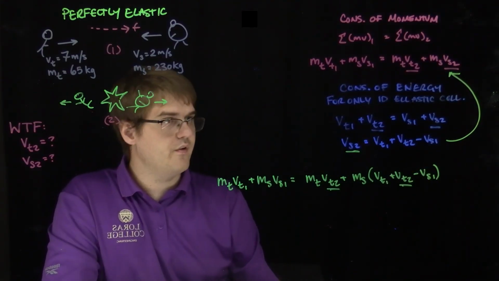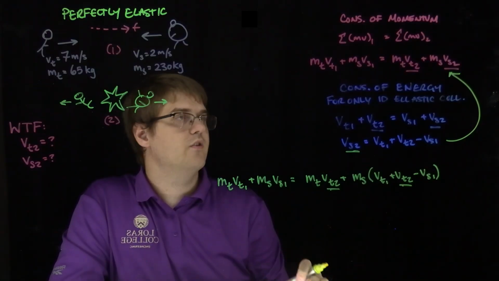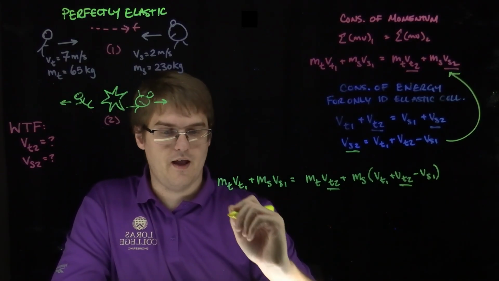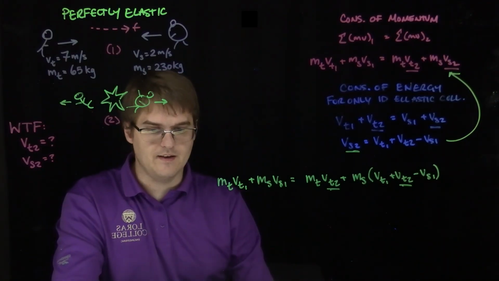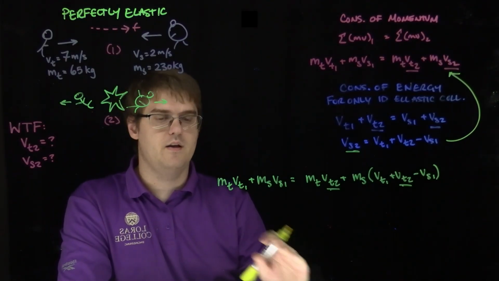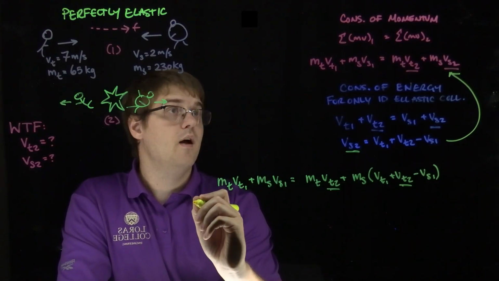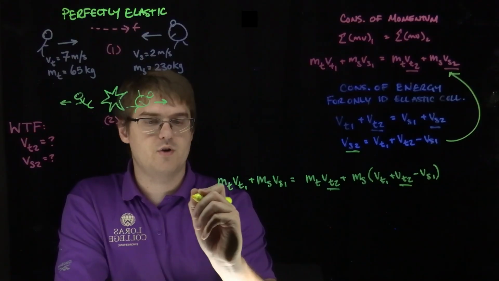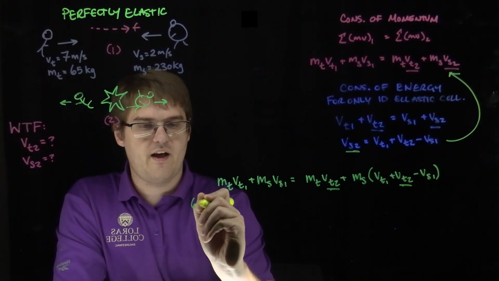And to prove we can solve it, you could have started plugging numbers in. I just didn't want to write them all out. In fact, I didn't write them all out in my work here. I just kept with letters, but to switch it in, mass of my track star is 65 kilograms.